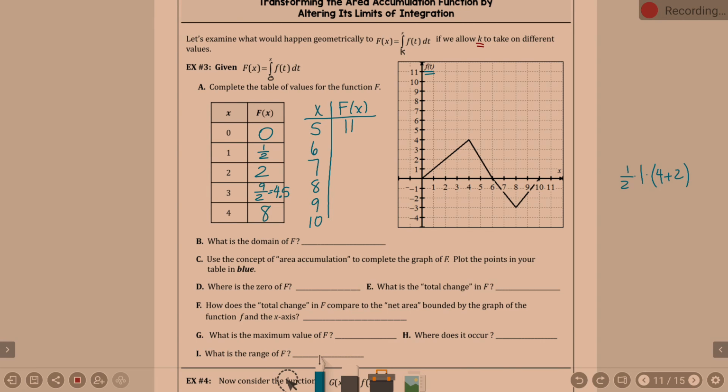Let's do 12. If you do the triangle from 0 to 6, it's half times 6 times 4. You could have done a triangle from 5 to 6, which would have added 1 on to what we already had, which was 11. So that's probably just as quick in this case.